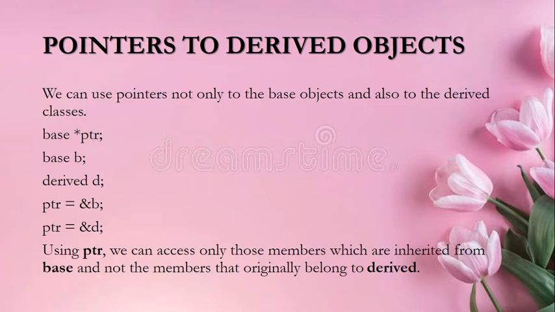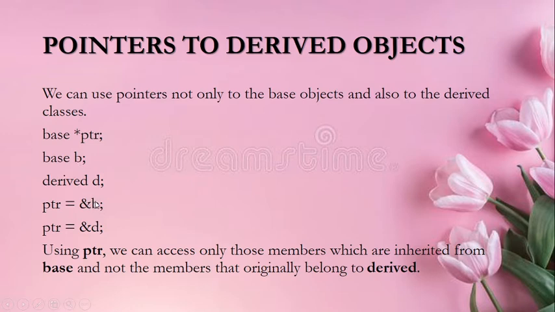Since I created a pointer for the base class, I can store only an object's address into the pointer. Understand this point clearly. So for this pointer, first I am assigning the address of the base object.